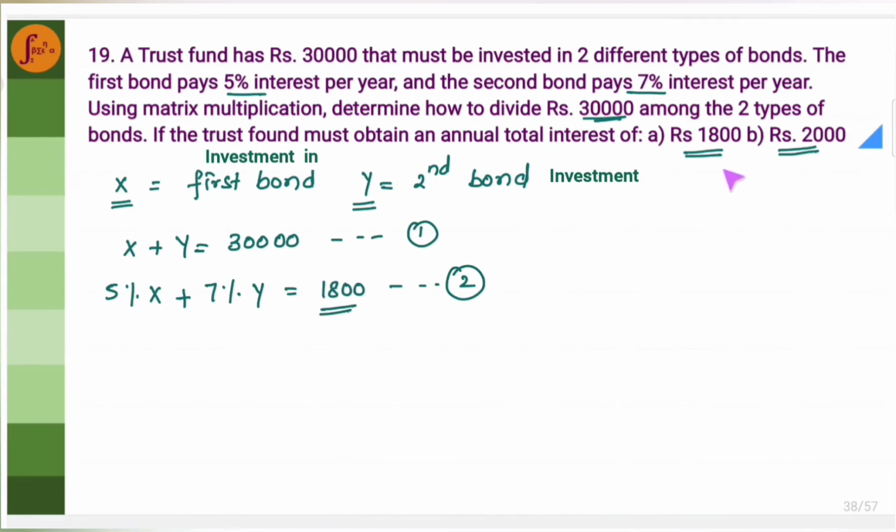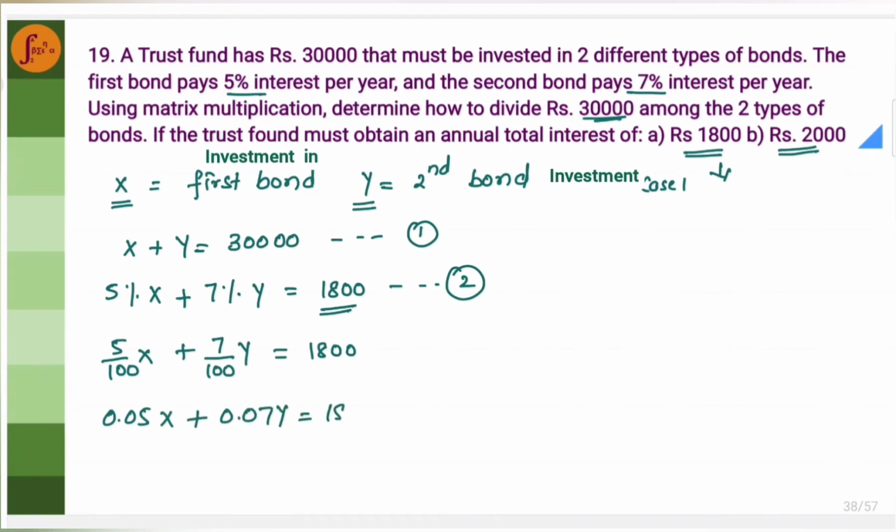This is case 1. So 5% of X is 5 by 100 into X plus 7 by 100 into Y should be 1,800. This is nothing but 0.05X plus 0.07Y is equal to 1,800. So this is our equation 2.